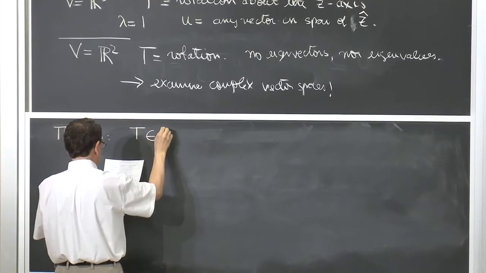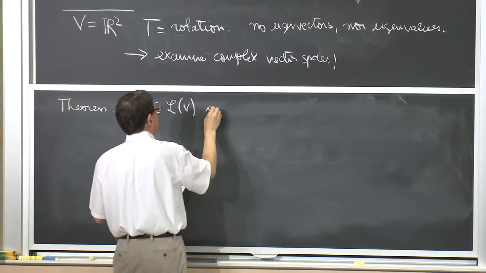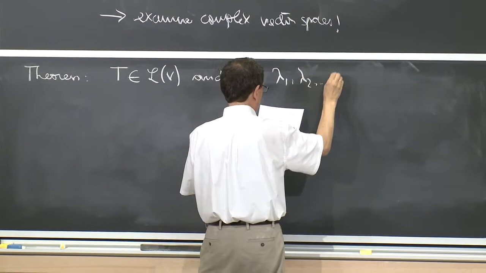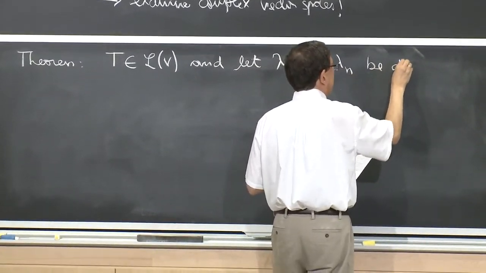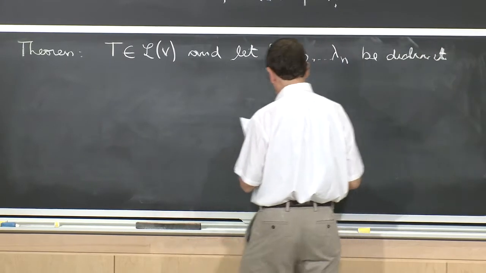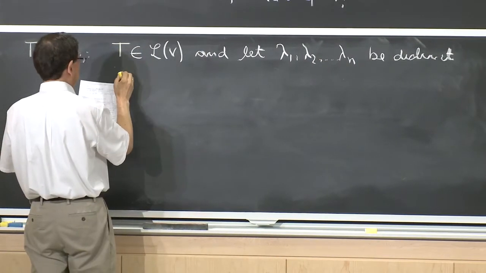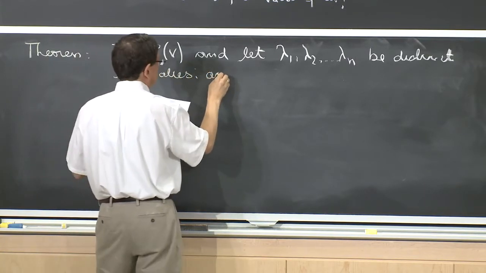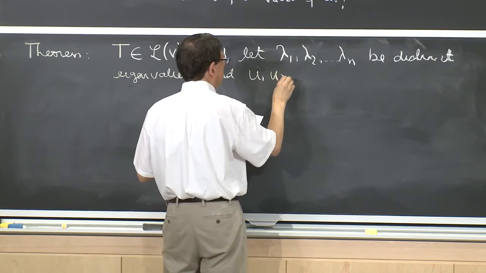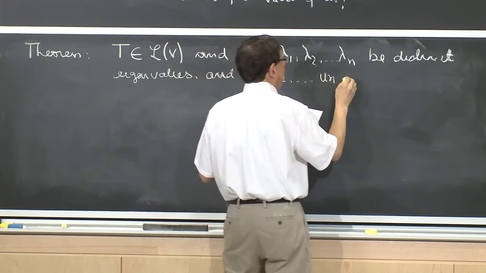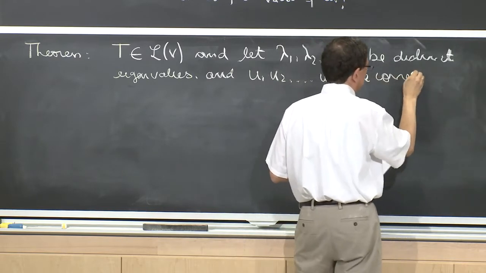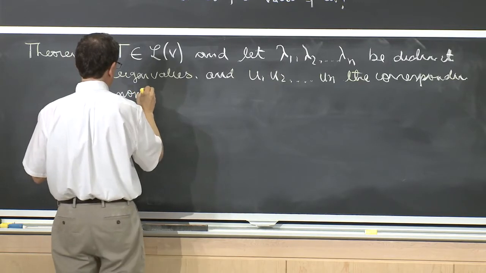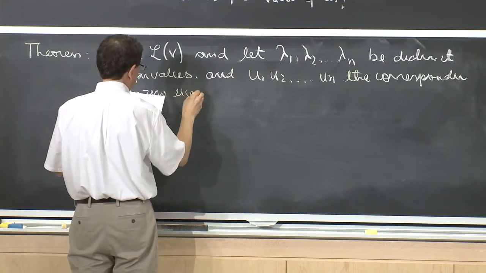Consider a T belonging to L of V, and let lambda 1, lambda 2, up to lambda n be distinct eigenvalues and u1, u2 up to un the corresponding non-zero eigenvectors.